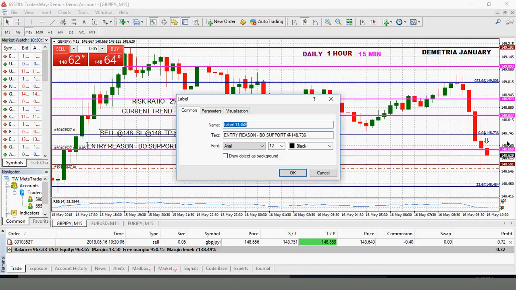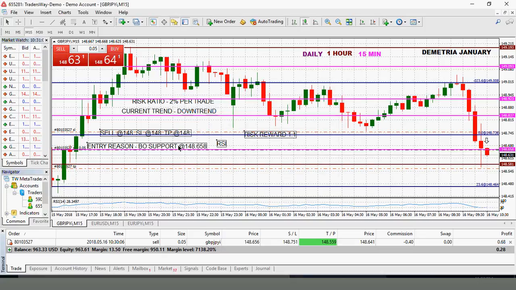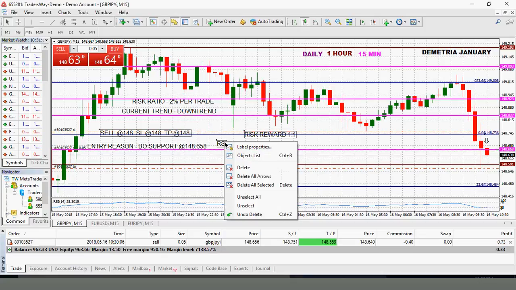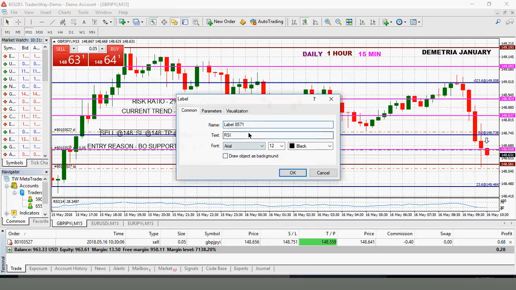It did break my level of support at 148.658. RSI is below 45, which is part of my strategy.